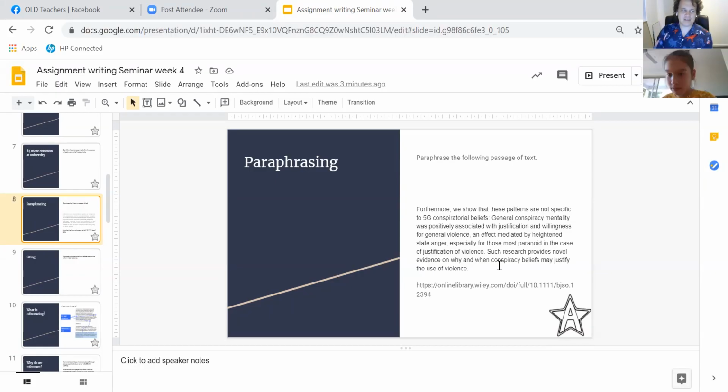You could paraphrase that in a sentence or two. You don't have to be the same length.